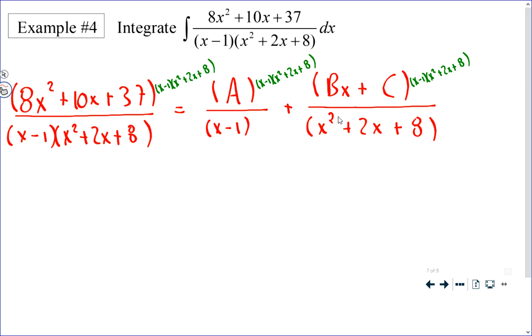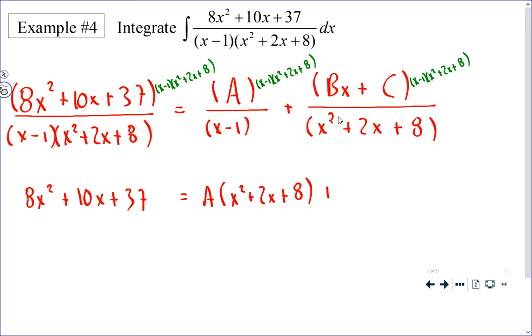What's going to happen on the left-hand side is the entire denominator will cancel, and I will have 8x squared plus 10x plus 37 equals, the x minus 1's will cancel, so I will have a times x squared plus 2x plus 8. And the x squared plus 2x plus 8's will cancel in my final term, leaving me with bx plus c multiplied by x minus 1.